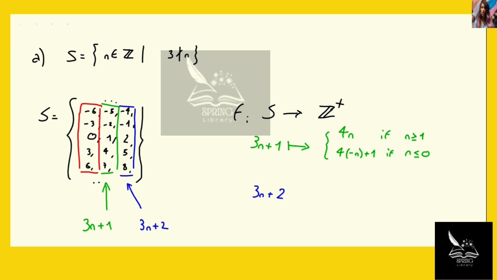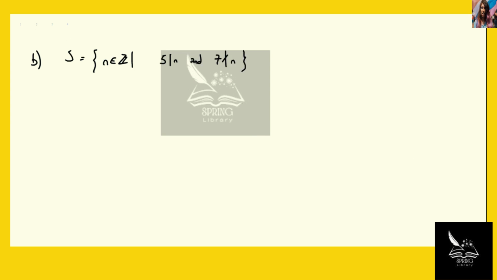And then the other case, 3n plus 2, we send that into 4n minus 1 plus 2 if n is greater or equal than 1, and 4 minus n plus 3 if n is lower or equal than 0. This way, we're mapping to 1, then 2, then 3, and then 4, 5, 6, 7, 8, 9, 10, 11, all the way up to infinity, which is exactly all of Z plus.